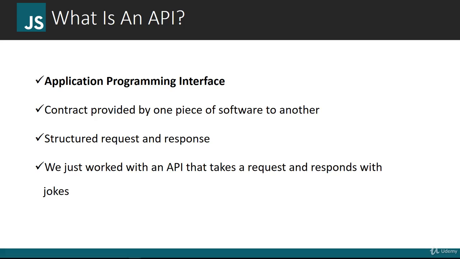Now, before we get into REST, let's talk a little bit about what an API is in general. It stands for Application Program Interface, and that's a very broad term. There's all kinds of APIs. We're specifically talking about web APIs, but there are also APIs in your computer, in your operating system, in your smartphone, even some refrigerators.